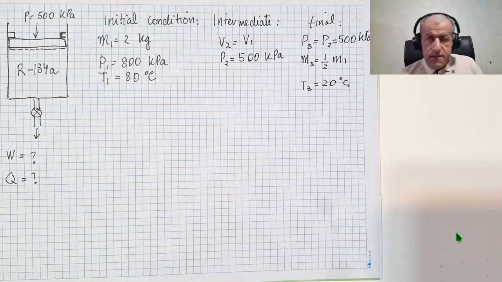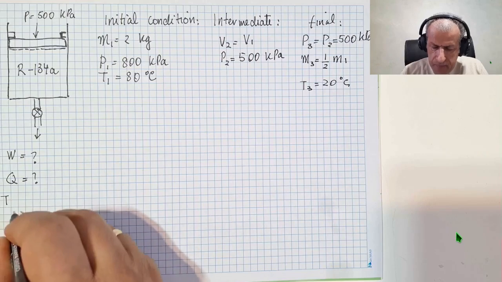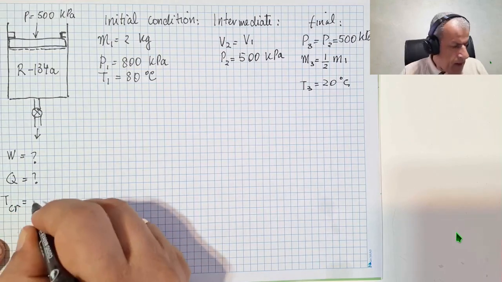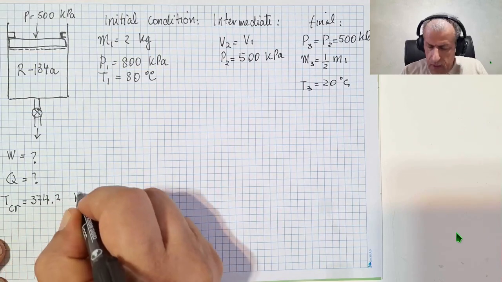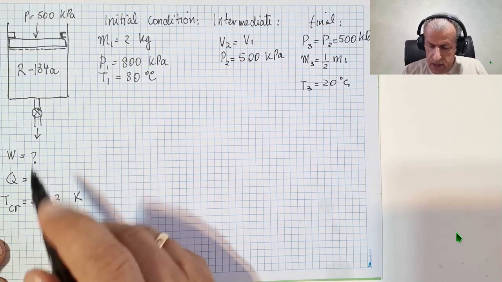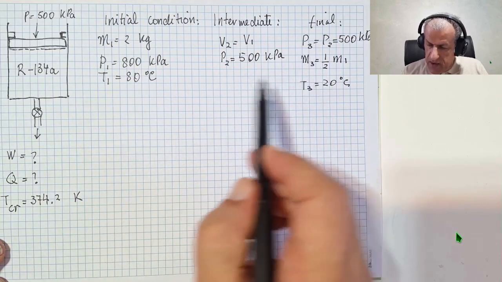But a simple look at the tables for R134a would tell us that T critical is 374.2 Kelvin, which is very, very close to the range we have.